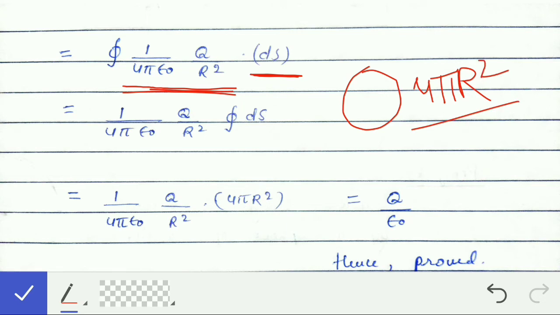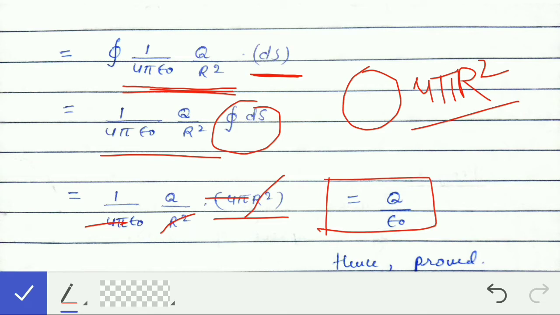So we can write 1 upon 4 pi epsilon naught q upon r square into the integral of the area vector, and we can write the area as 4 pi r square. So finally we can cancel r square and 4 pi to get the total flux equals q upon epsilon naught, which is nothing but 1 upon epsilon naught times the total charge in that closed surface.